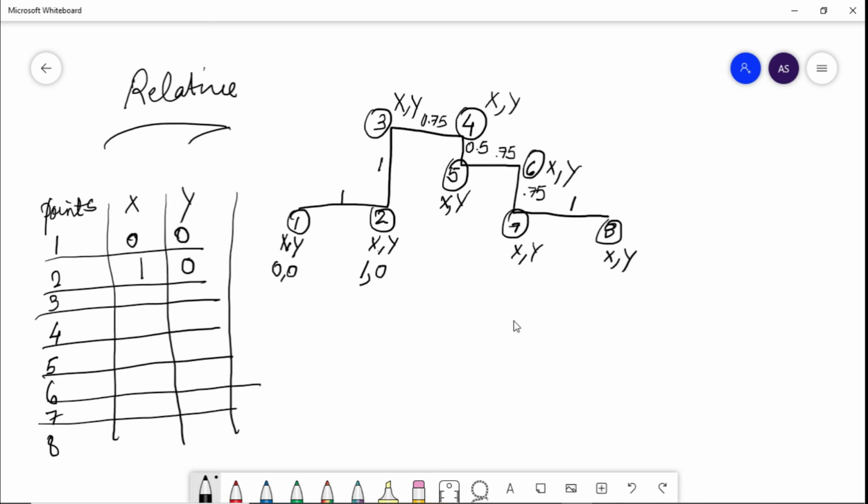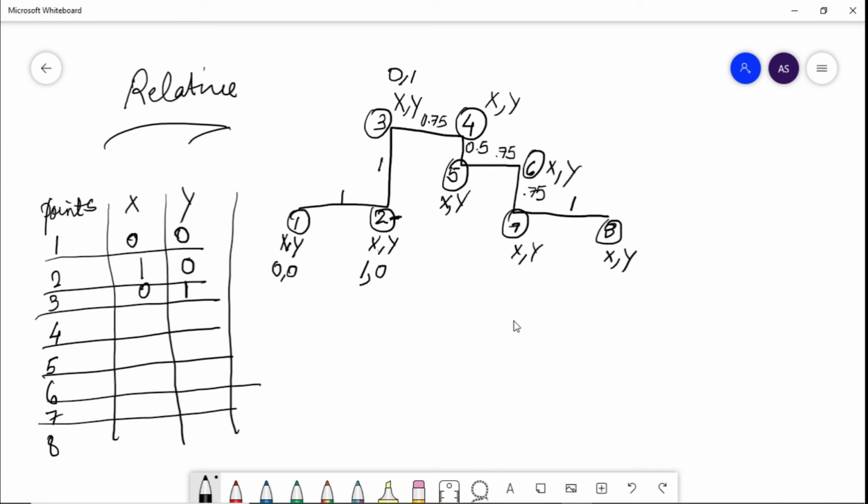Then at point 3, the last point, which is point 2, becomes our reference point. So at point 2, to reach point 3, there is no movement in the direction of x and there is only movement in the direction of y. This becomes 0 comma 1. This becomes 0 and y becomes 1.